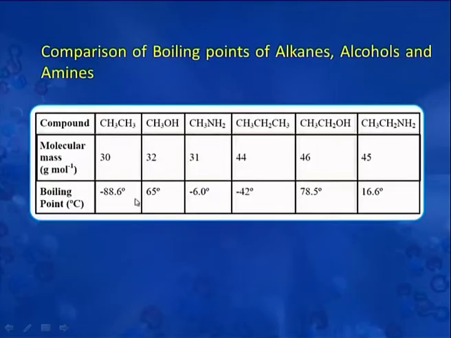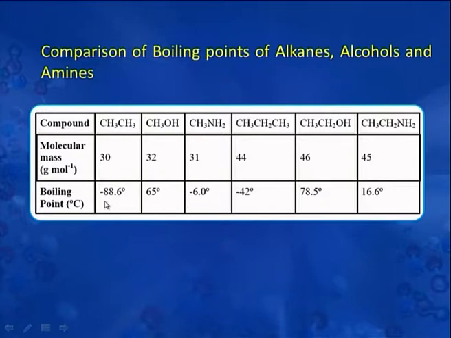Alcohols of similar molecular masses, having higher polarity than amines, have higher boiling points than amines. Here you can see, with the help of an example, I will show you that this is ethane, this is methanol, and this is methanamine. The molecular masses of all these 3 molecules are almost similar: ethane has 30, methanol 32, and methanamine 31.